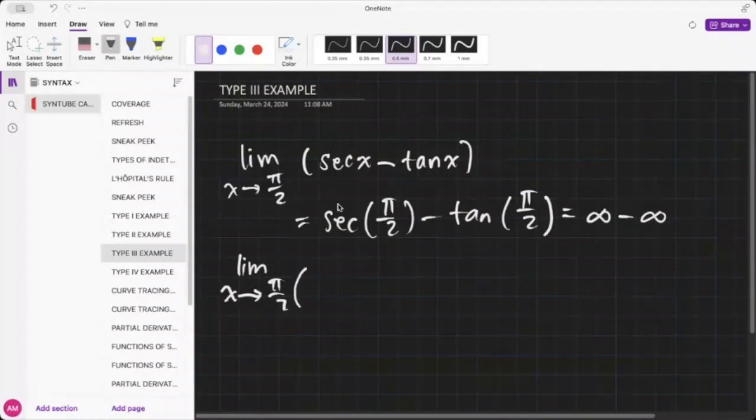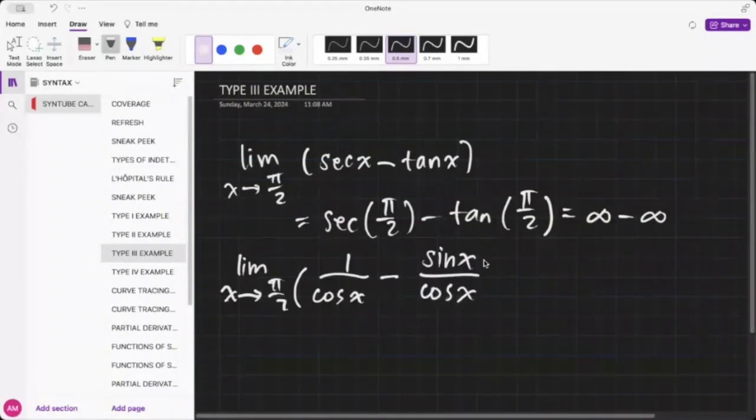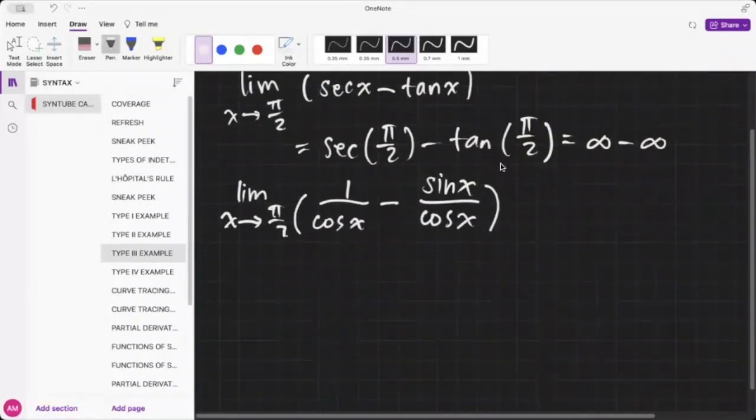Kapag ginawa natin yan, secant of x is just 1 over cosine of x. Meanwhile, tan of x is sine of x over cosine of x. Okay. So, we can make them into a fraction kasi pareho sila ng denominator.